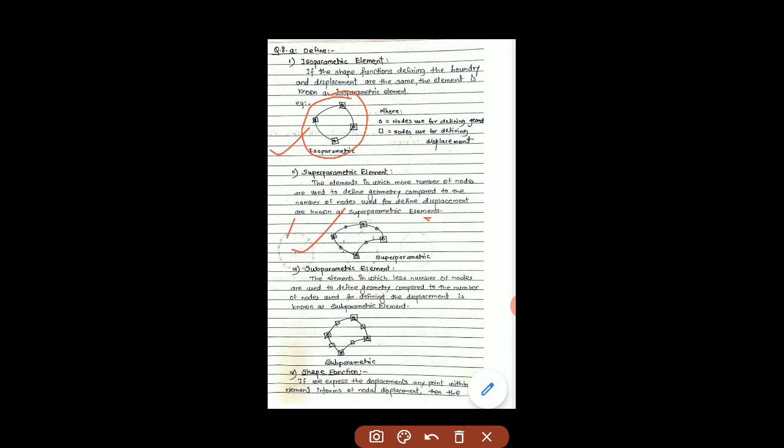Superparametric and subparametric elements are exactly opposite to each other. So this is the isoparametric element, subparametric element, and superparametric element.